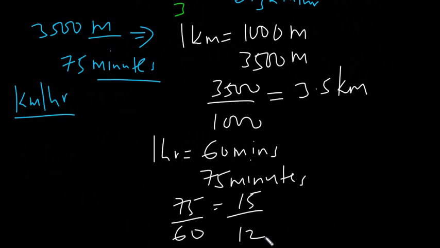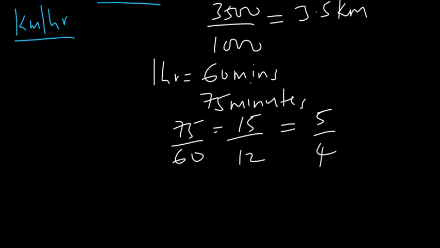We can still divide by 3. So 15 divided by 3 is 5, and 12 divided by 3 is 4. So this means that 75 minutes is equivalent to 5 quarters of an hour, which is simply 1 hour and a quarter. Let me write it this way: 1 1/4 hours.